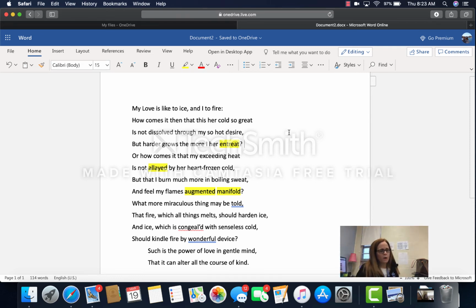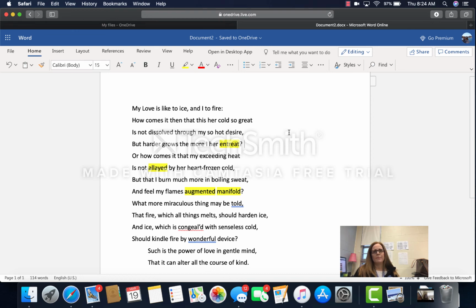So as far as what I want you to focus on, what would be our conclusion here, or our theme if you will? I would say the message about life that the author is trying to teach us is that love can be so powerful that it alters your course in life, that it totally changes your life and shapes who you are as a person, okay?